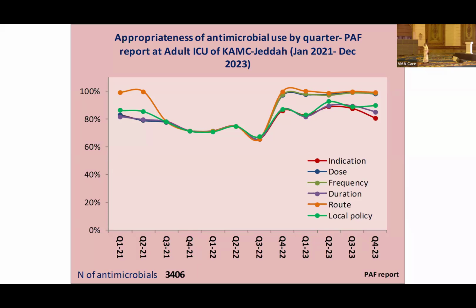A patient already, say, 10 days on meropenem, it's a fab, no need, only 8 days. Why do I need to continue on meropenem? So we'll have an issue here with the duration and also with the indication. Otherwise, the yellow color, which is the route, and the green, the frequency, it's good in the assessment.